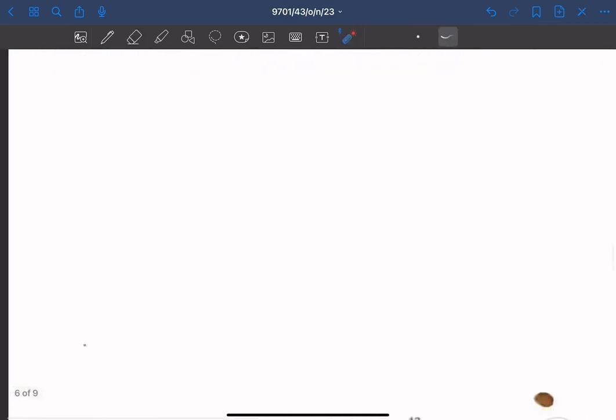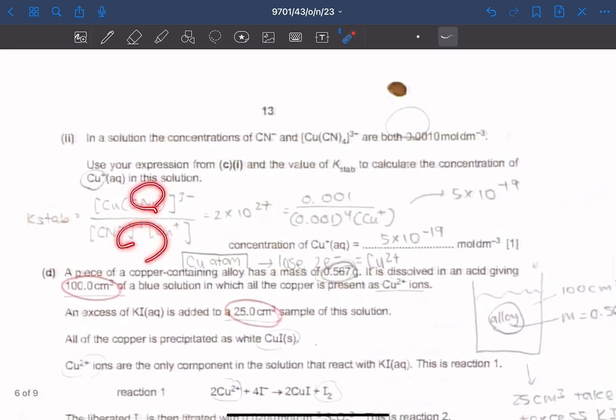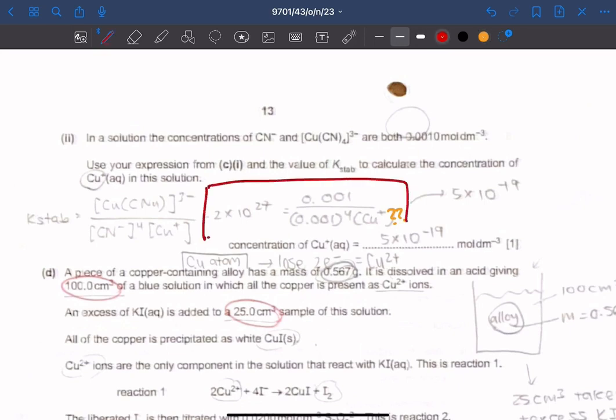So K_stab is equal to 2 times 10 power 27, products over reactants, where Cu(CN)₄³⁻ is 0.001, CN⁻ to the power 4, 0.001 power 4, times Cu⁺, which is the concentration that we have to find, is equal to 2 times 10 power 27. So we can reorder this and find Cu⁺, and we would get 5 times 10 power negative 19 mol per dm³.